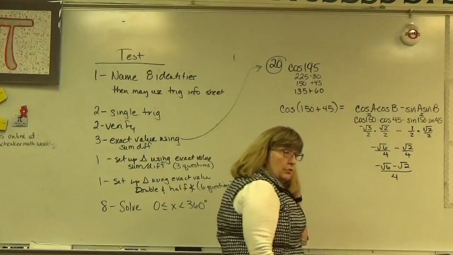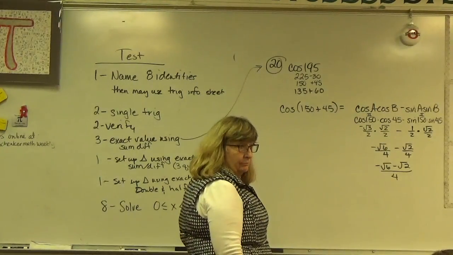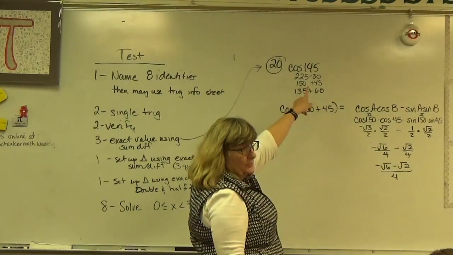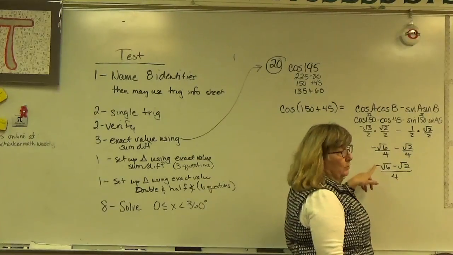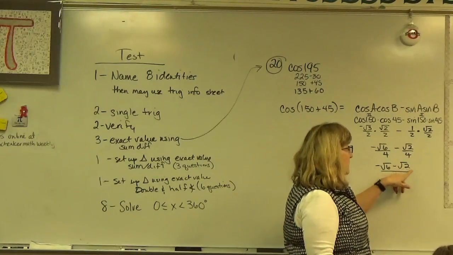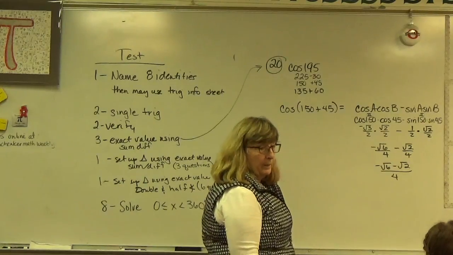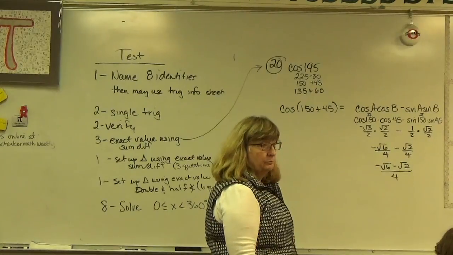Now remember, there's not any reason to miss these because what can you do? Check. Somebody find what the cosine of 195 is. And somebody else put in your calculator the negative square root of 6 minus the square root of 2, hit equal, and divide it by 4. Who's got 195?